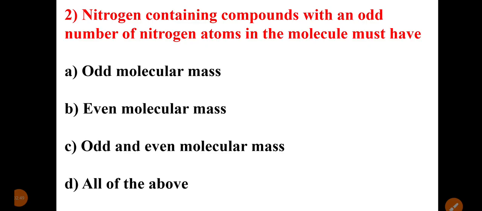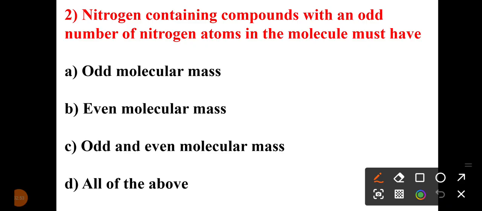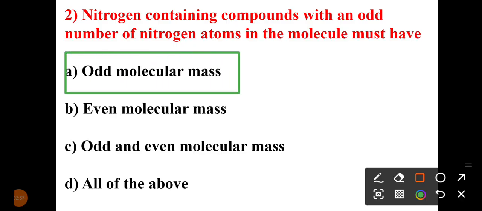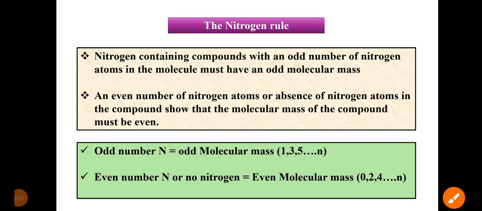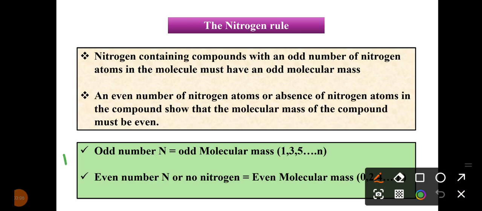What is the question asking us? A nitrogen containing compound with an odd number of nitrogen atoms. The answer is odd molecular mass. Why? Let's discuss the nitrogen rule. If an odd number of nitrogen atoms is present in your molecule, then the molecular weight should be odd. If an even number of nitrogen atoms is present, then the molecular mass should be even.